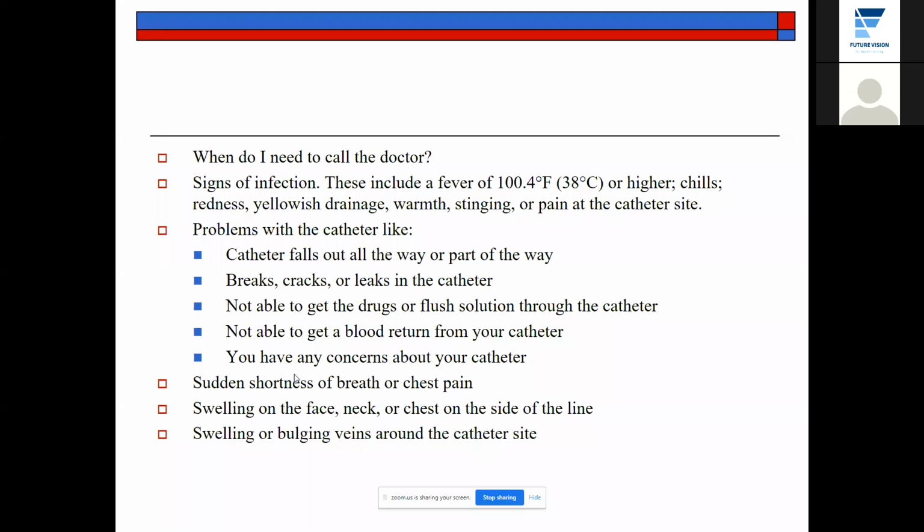We need to administer medication at any time if really it's needed. Excellent.